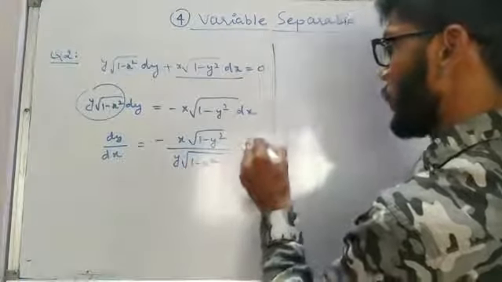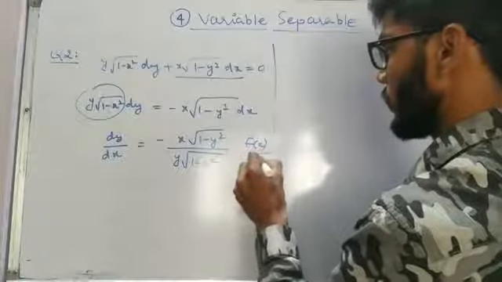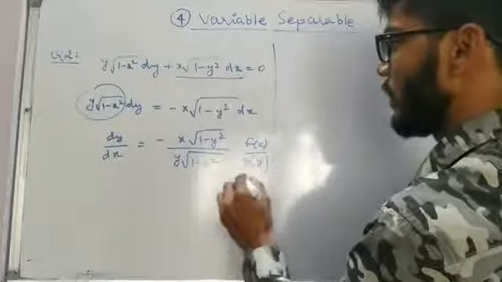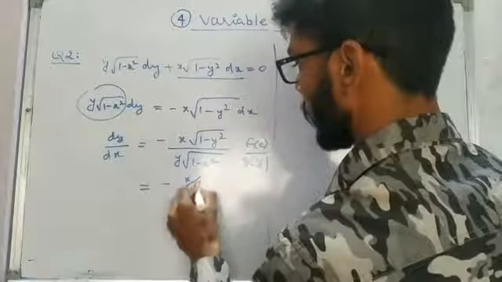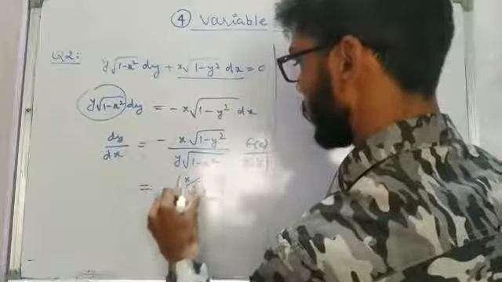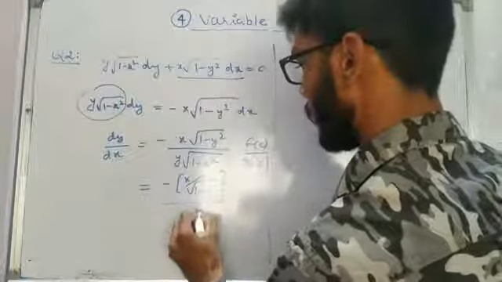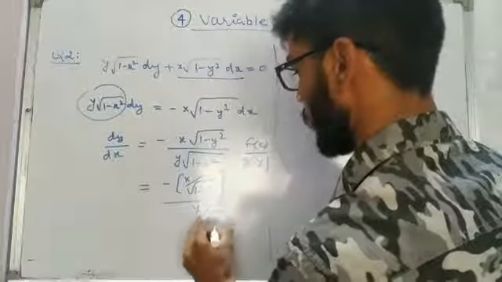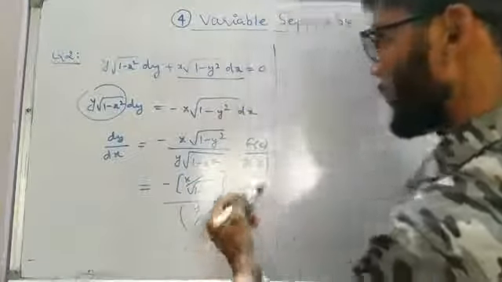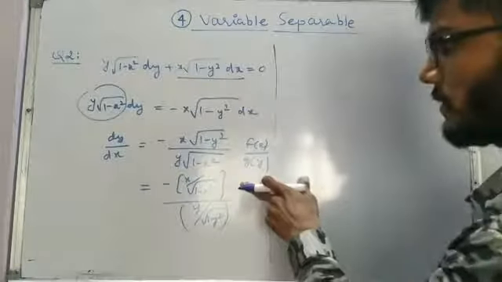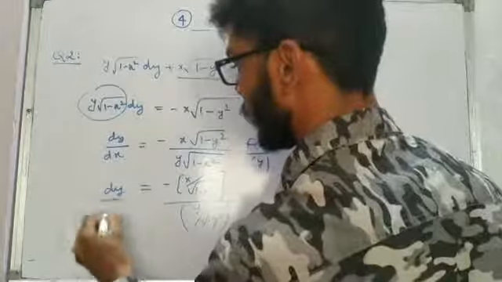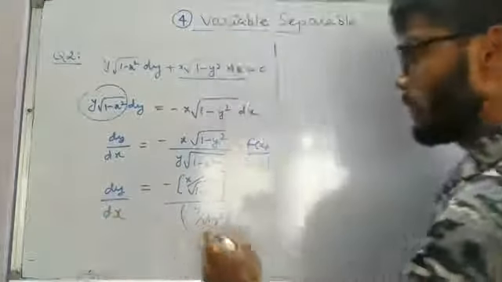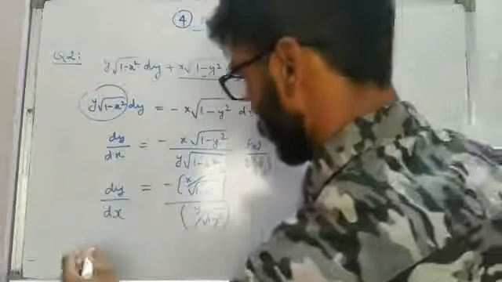So we have to compare it in the form of f(x) divided by g(y). So f(x) means x upon √(1 − x²), this term will be in the numerator, and in the denominator y upon √(1 − y²). So the function of x I have taken in the numerator, and the function of y in the denominator, and it is equal to dy/dx, and now we can cross multiply it.